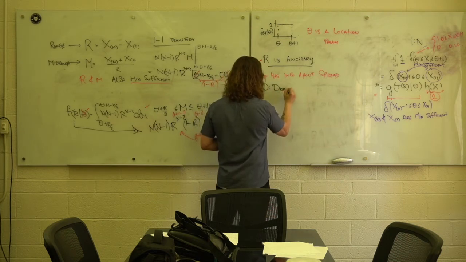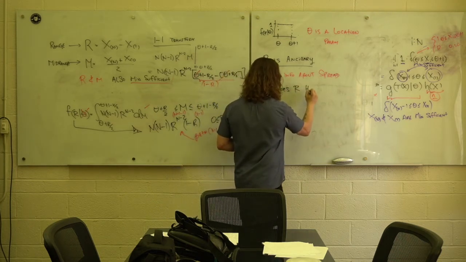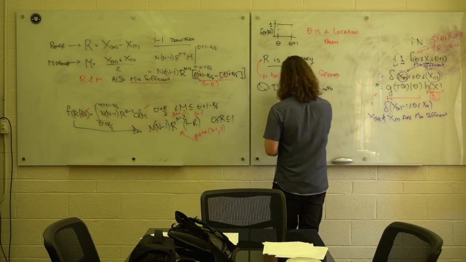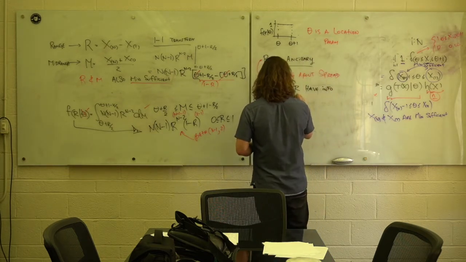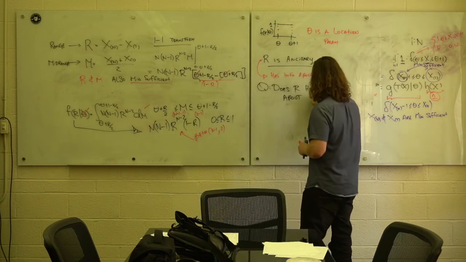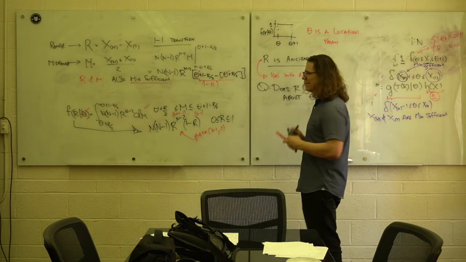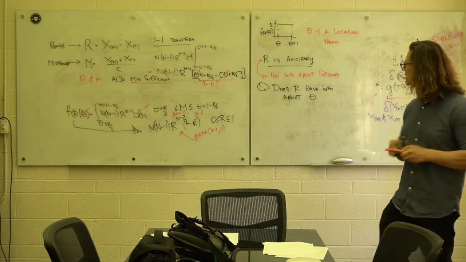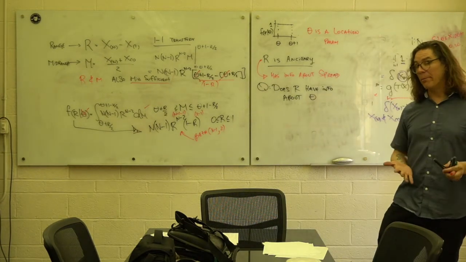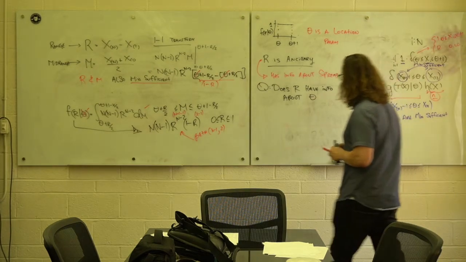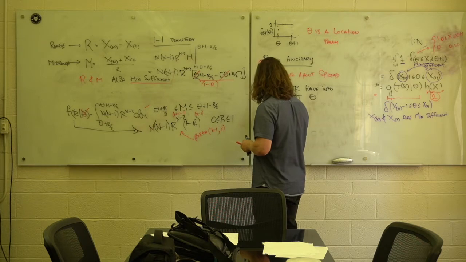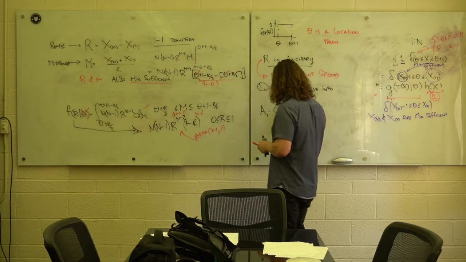So I have a question. Does R have info about theta? And the answer is double-sided. It depends. It depends on if I get to see M. So on its own, it does not. So answer 1 is on its own.